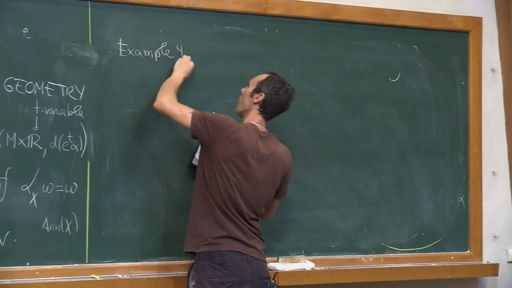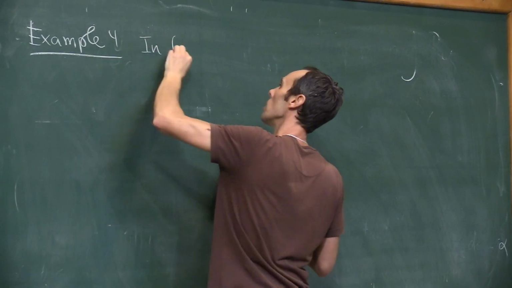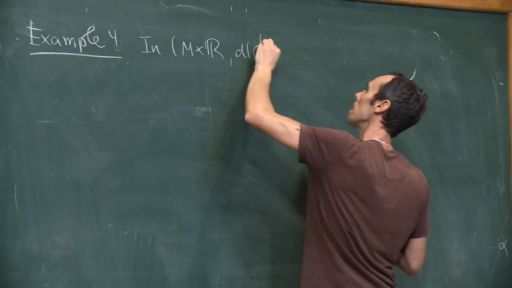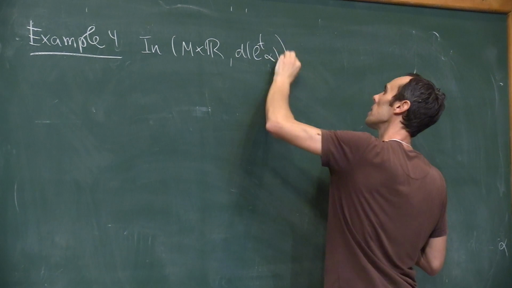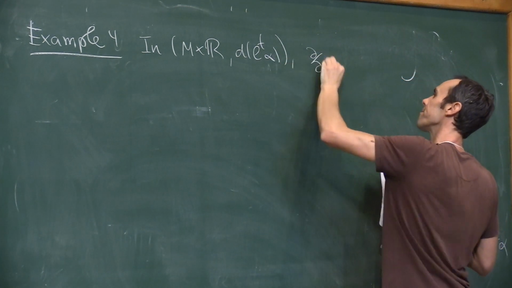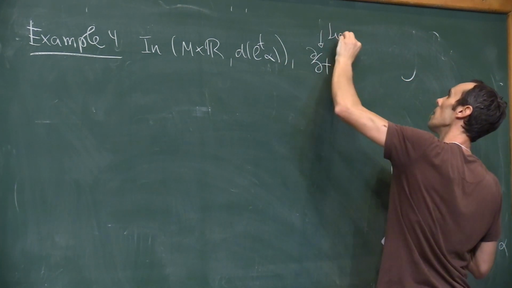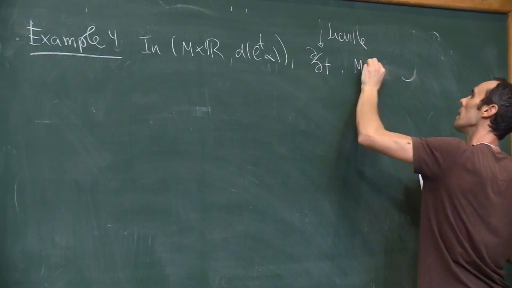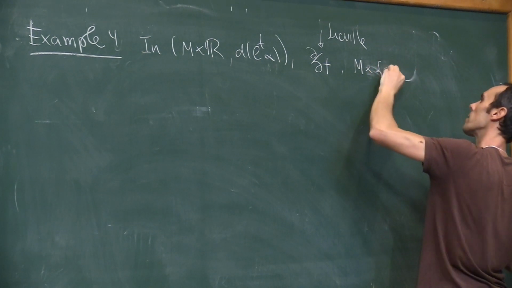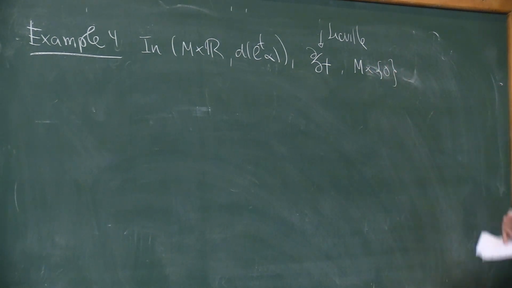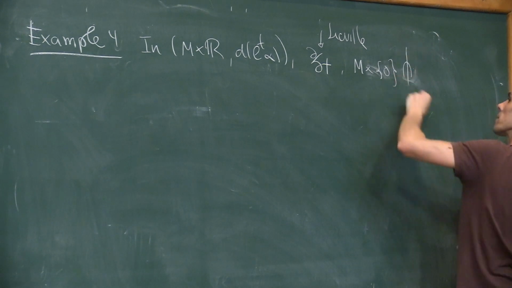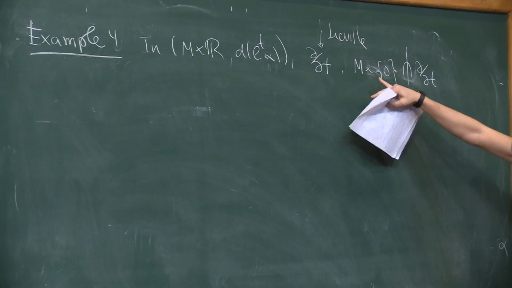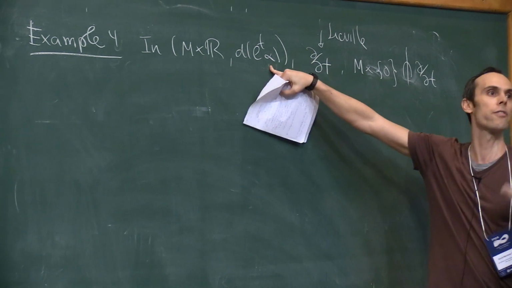One more example. If you are now in the symplectization of the contact manifold M, you can check that d/dt is Liouville, and of course M cross 0, actually any of these copies, is a hypersurface transverse to this vector field, which means that if you apply that process, you're going to cook up a contact form on M, which is, of course, the original contact form alpha.